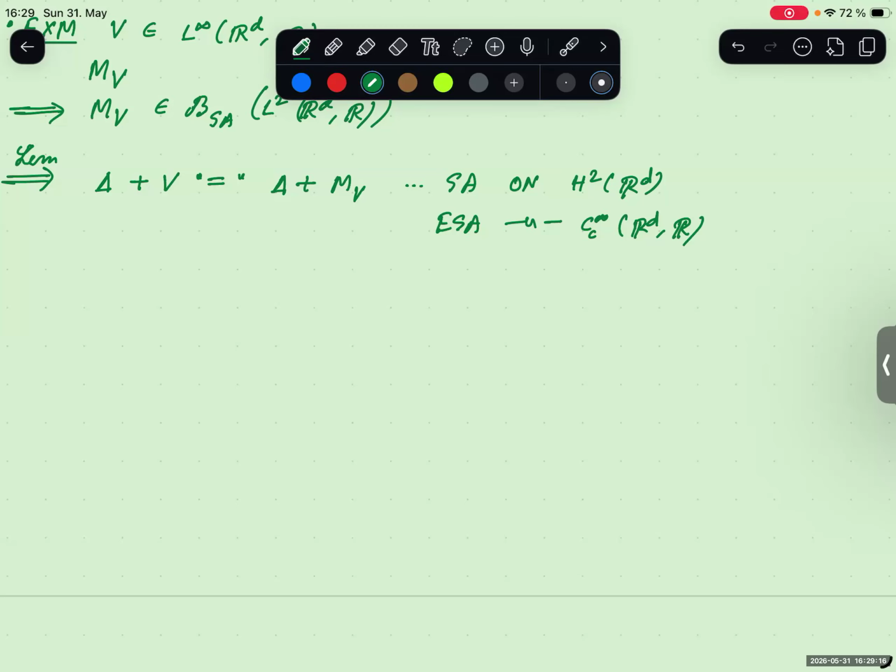Rather, you can just use this lemma and tell what's going on. We will see how important this is when we consider the simple harmonic oscillator.